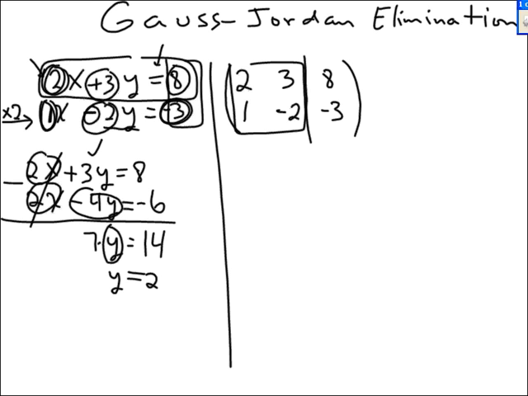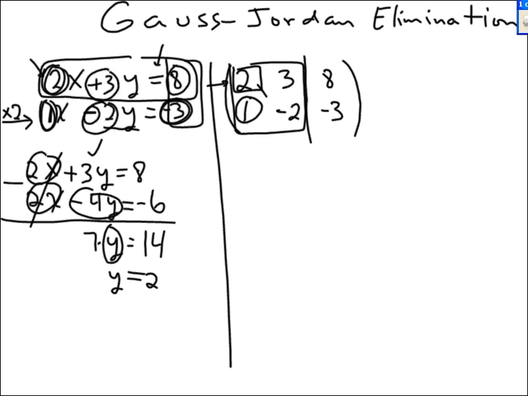Row 1 is 2, 3, as well as 8. Row 2 is 1, negative 2, negative 3. All right, so in row 1, the first non-zero entry is the 2. There's nothing above it, but I want below it to be 0. I want this 1 to be 0.